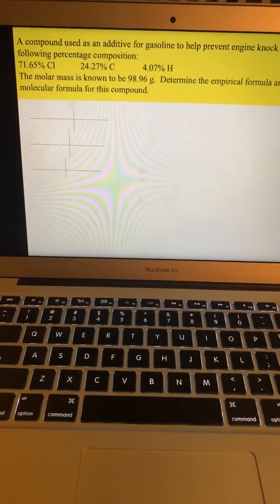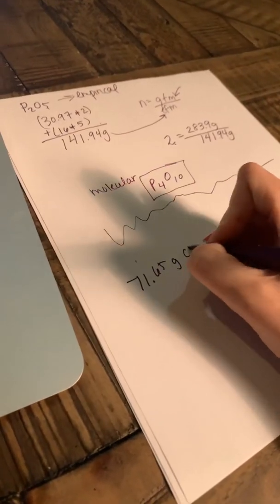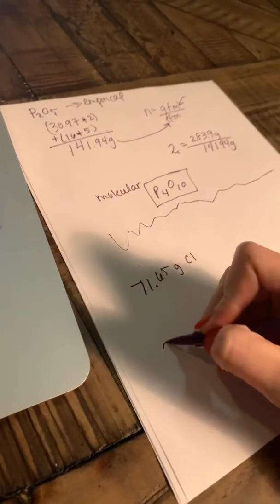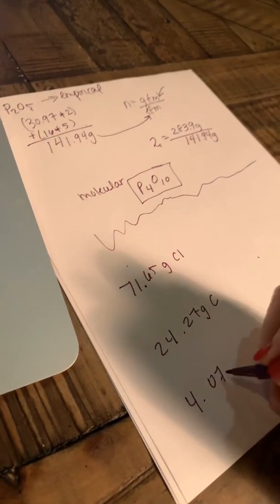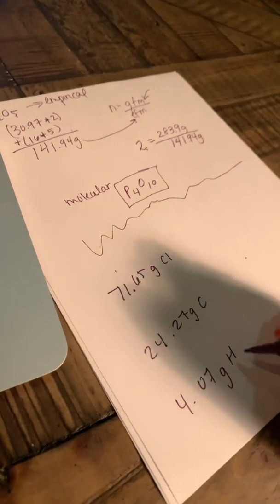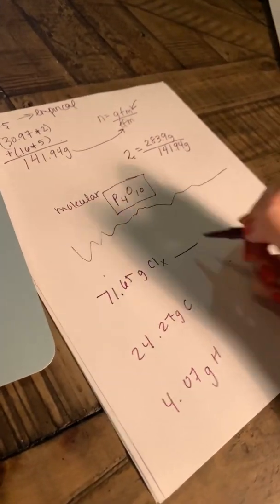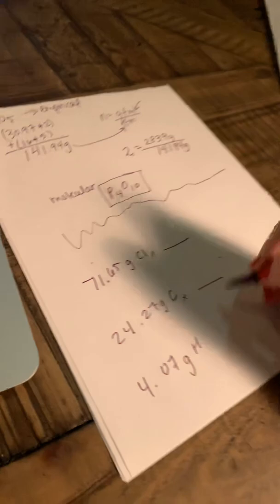Right, so convert your percent to mass. So take 71.65 grams of chlorine, 24.27 grams of carbon, and 4.07 grams of hydrogen. Right, so convert this to moles.